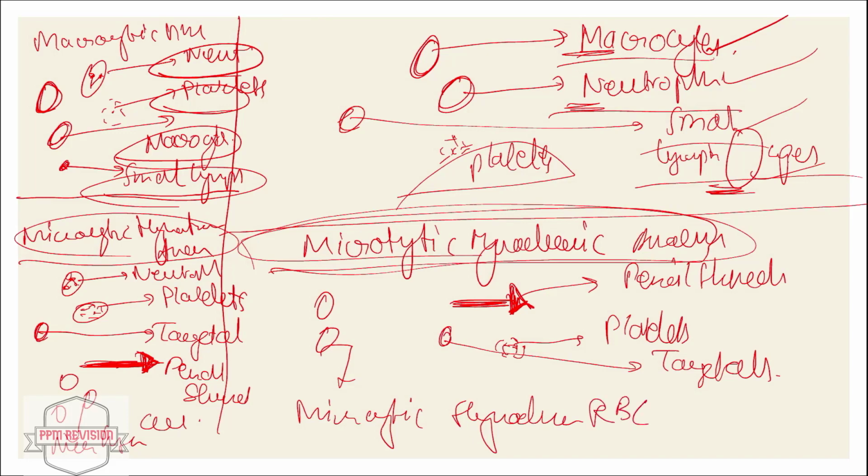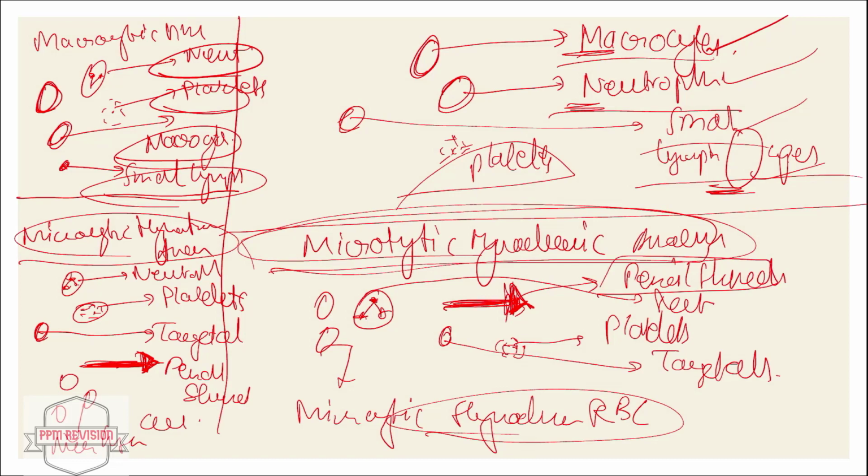In case of pencil shaped cells, along with that comes the target cell as well, and there are also neutrophils, which are present in most cases. Fine. Pencil shaped cell, target cell, neutrophil, and microcytic hypochromic RBC.